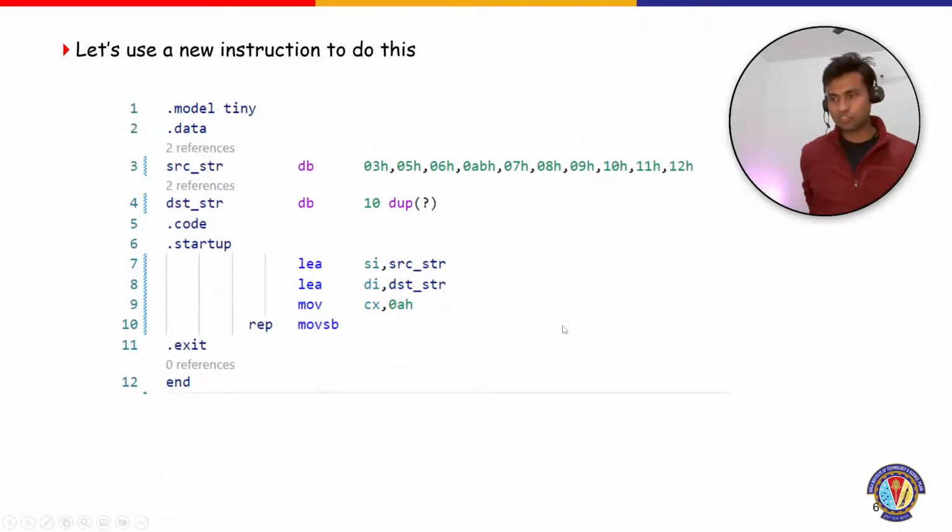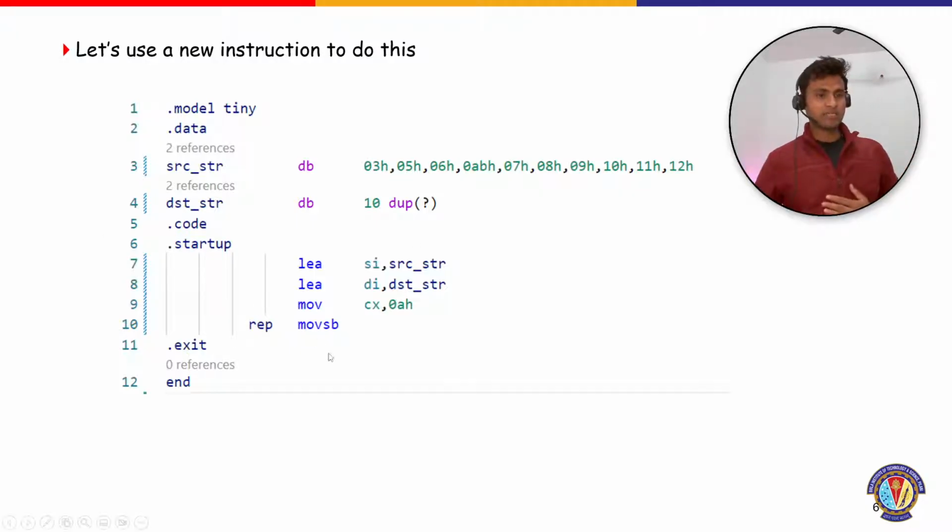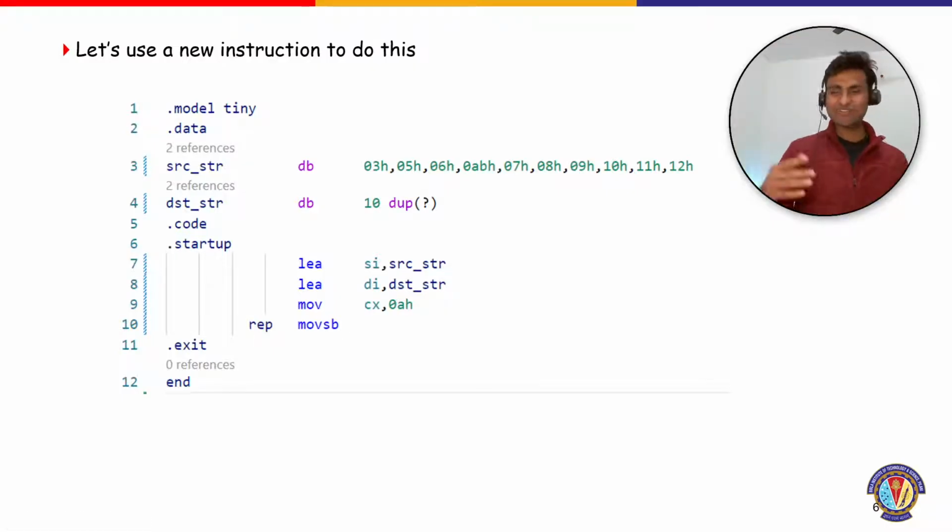Let's use a new instruction to do this. Since it's right there on the screen, I won't be typing it because it unnecessarily wastes time. So the new instruction is MOVSB. Try doing that, and you'll find a very interesting thing, it's sort of a memory to memory transfer.